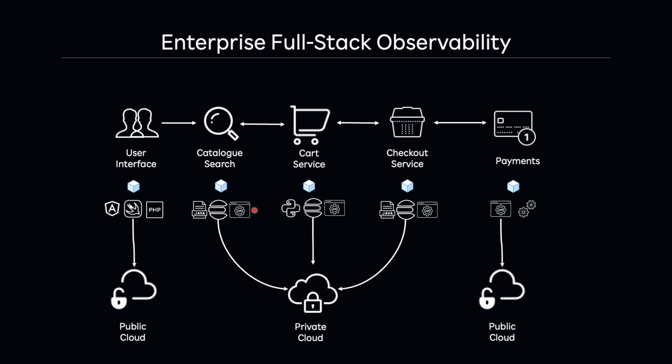Now, considering all of these complexities, if you go with the traditional APM plus observability solution, you'd only be covering certain solutions. Let's say only your private cloud solutions, and that too limited by technology. Let's say it only supports Java, or Elastic, or only API, and you'd be missing out on certain technologies.